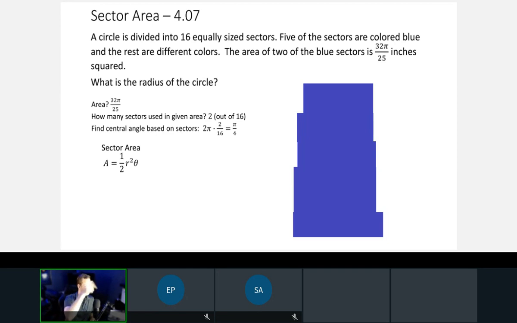So we plug those 2 values into A and theta. Again, this is the area of 2 sectors, and this is the angle of those 2 sectors. Then we do the math: 1/2 times pi over 4 is pi over 8.